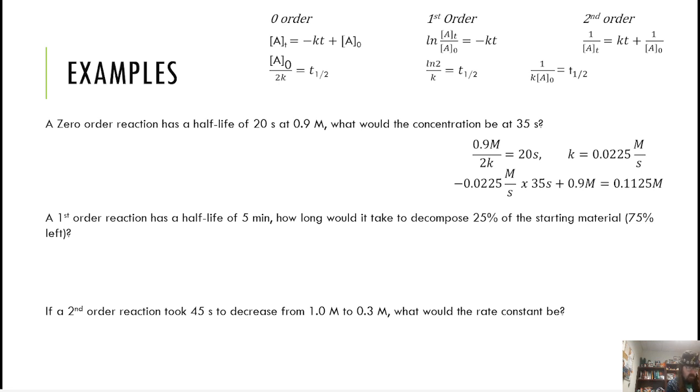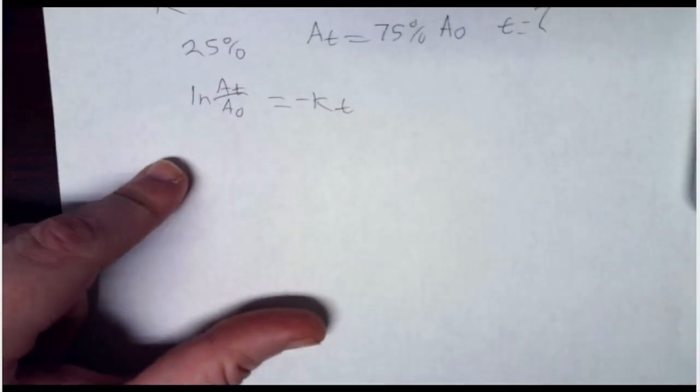At what time would that happen? Now, in order to avoid confusion, I'm setting it up that way. Because of how this is set up, we don't care how much a sub 0 is.